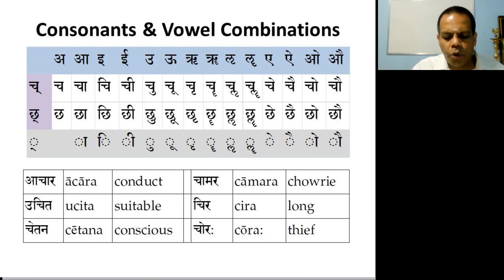The next word is Choraha. Ha is visarga. I think you will come across it in bhajans quite a bit, and it basically means thief. I think I made a mistake here.